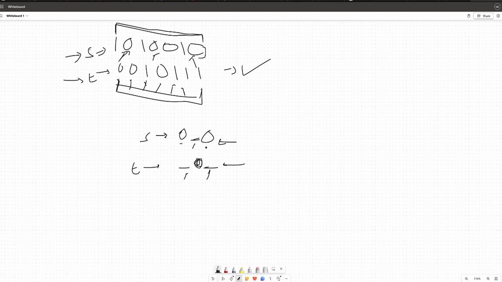If there's a 0 at index L and L plus 2, obviously they're of the same length as given in the question, then this element can be converted to 1. And similarly, if S is something like this, and T is something like this, with 1s, then again it can be converted to 1.